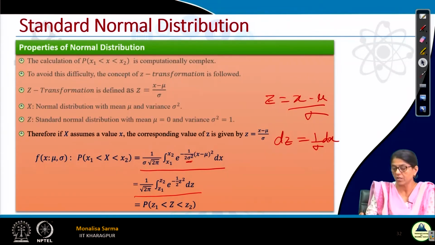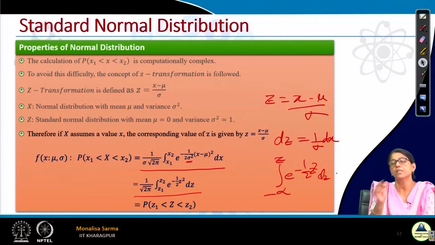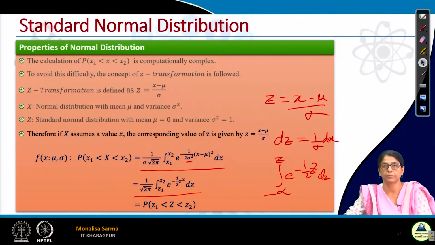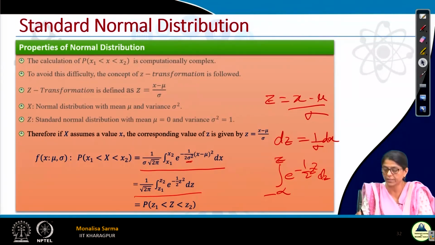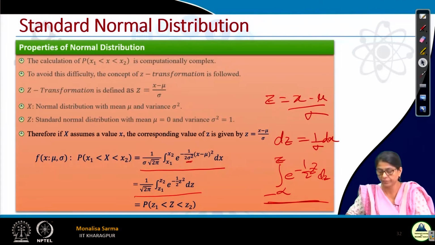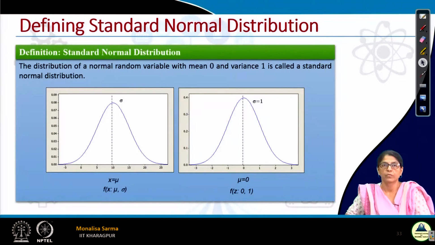So, cumulative means I will have the value from minus infinity to a particular value, say z, of the expression e to the power minus 1 by 2 z square dz. This value we will get from the table. So, once we get this value from the table, our job is done. Fine.